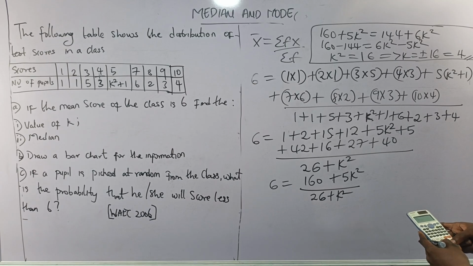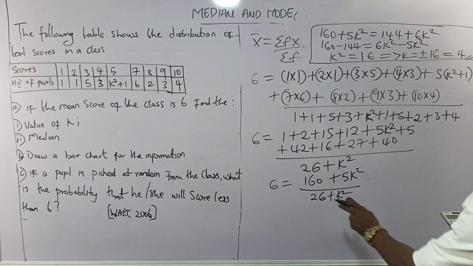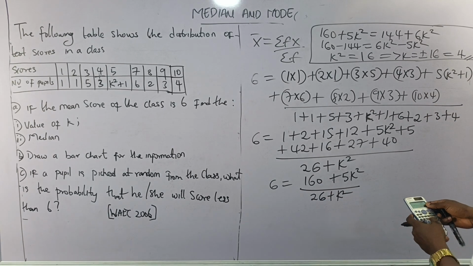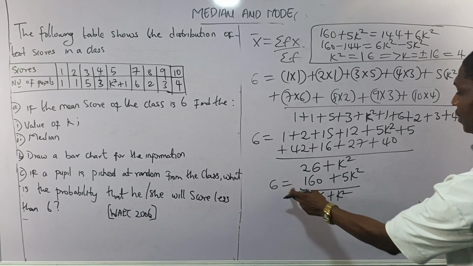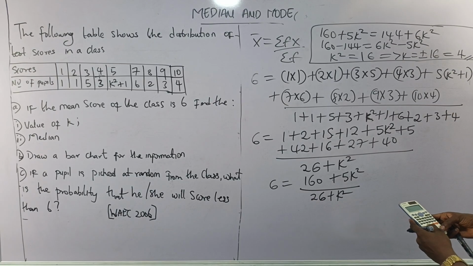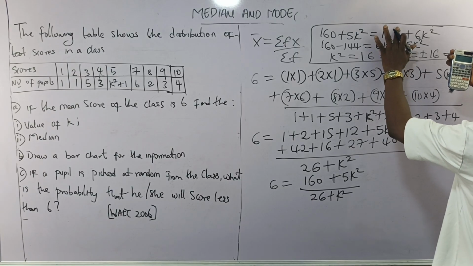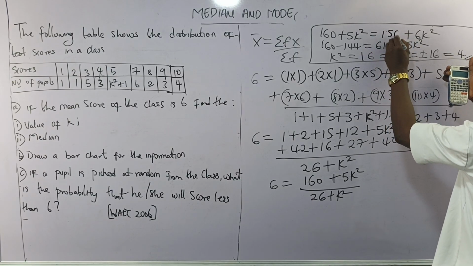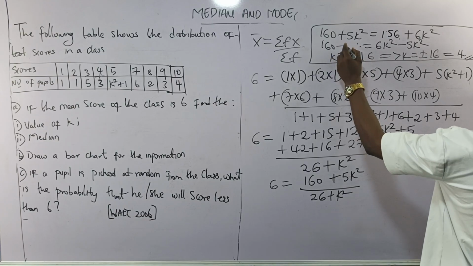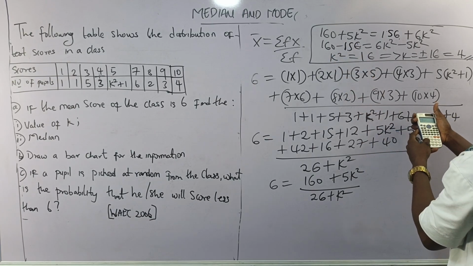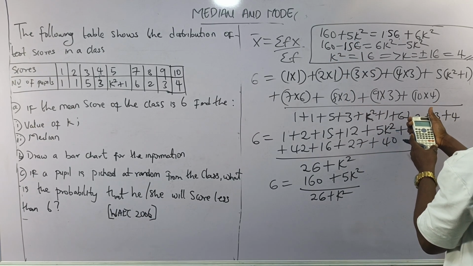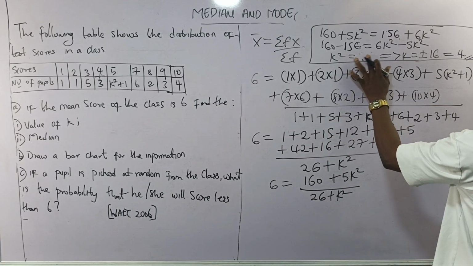For the top, 1 plus 2 plus 15 plus 12 plus 5 plus 42 plus 16 plus 27 plus 40. This is all 160, so this is correct. Now, let's multiply. Our 6 times 26 is supposed to be 156. And if we collect like terms, we have 156 negative. And 160 minus our answer will give me what? 4. So here it's supposed to be 4.